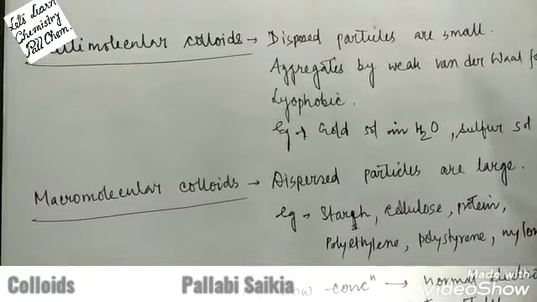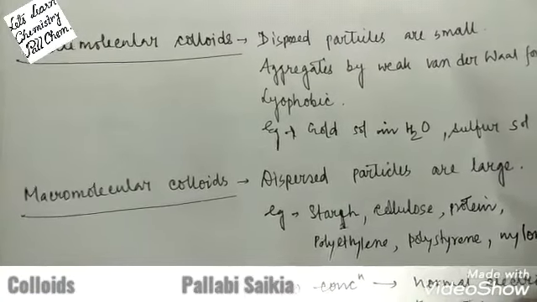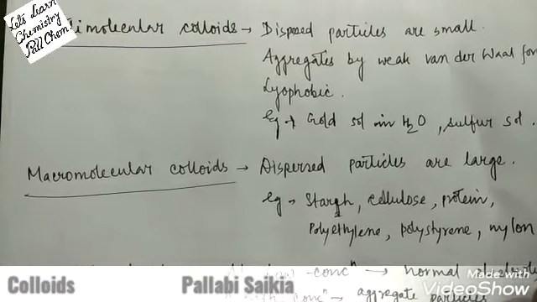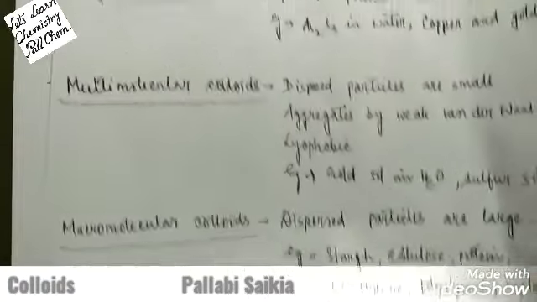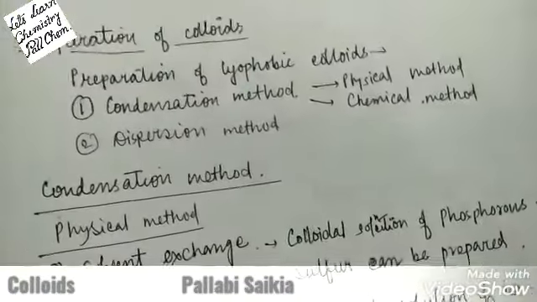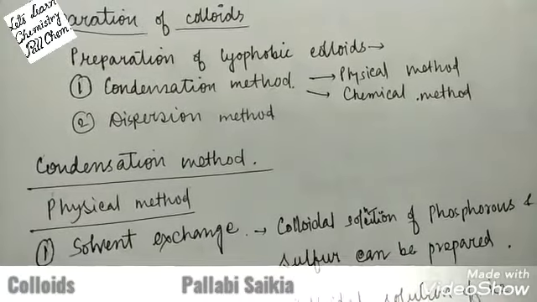So colloids are classified according to the size, and they are multimolecular colloids, macromolecular colloids, and associated colloids. Next is how colloids are prepared.